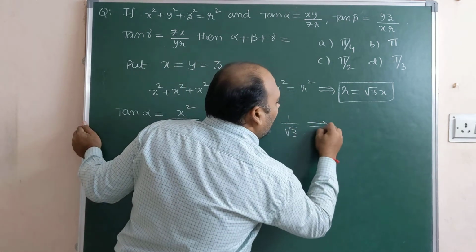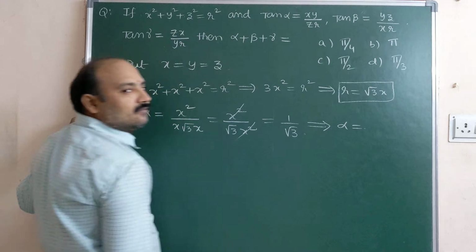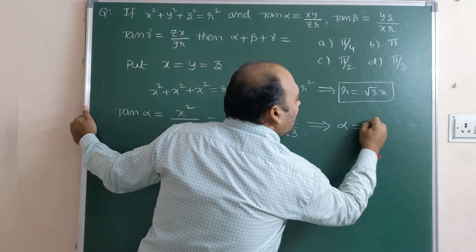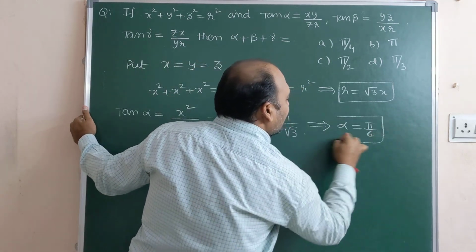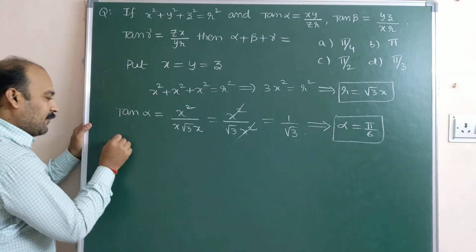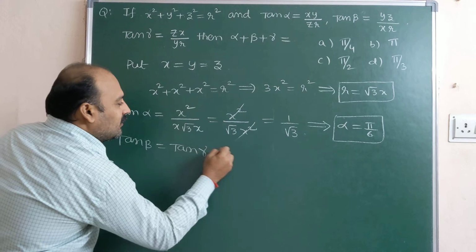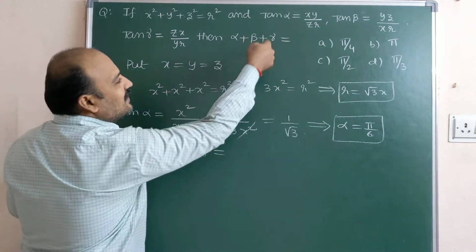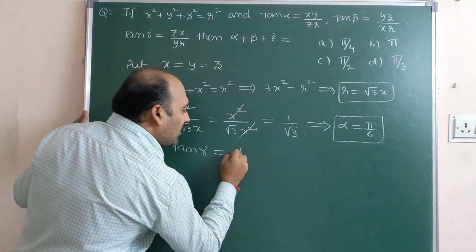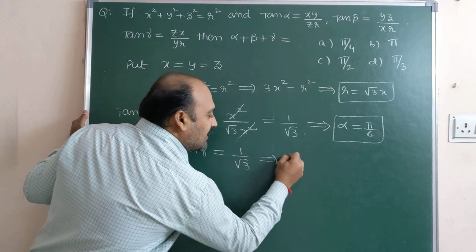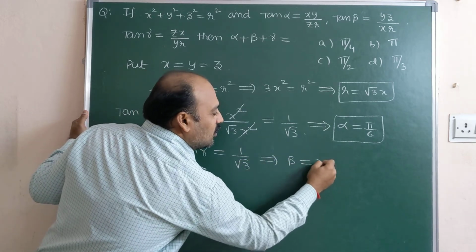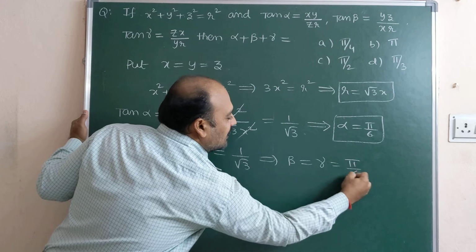That implies alpha is equal to 30 degrees, 30 means pi by 6. Similarly, if we calculate tan beta and tan gamma, all are the same values, so ultimately if you cancel, you will get 1 by root 3 only. That implies beta, that is equal to gamma, is also pi by 6.